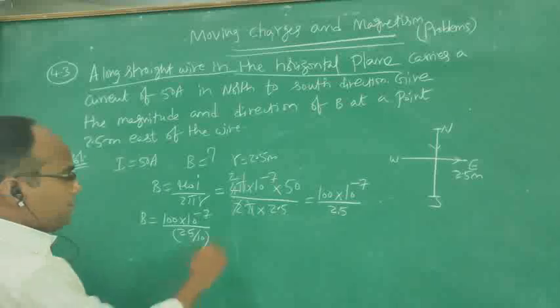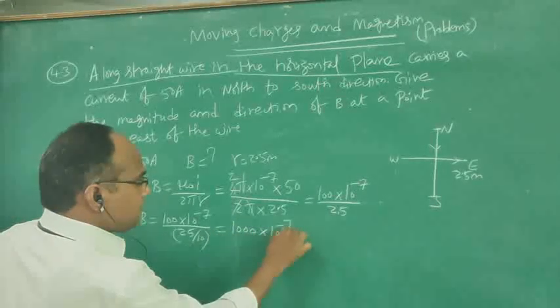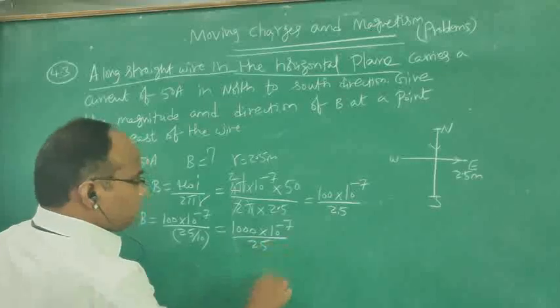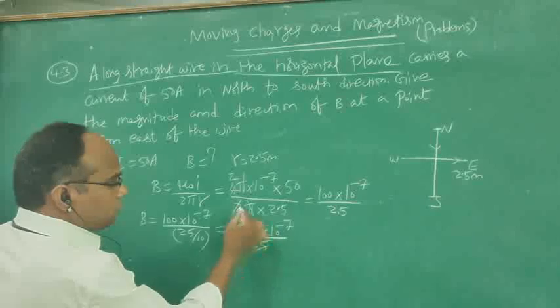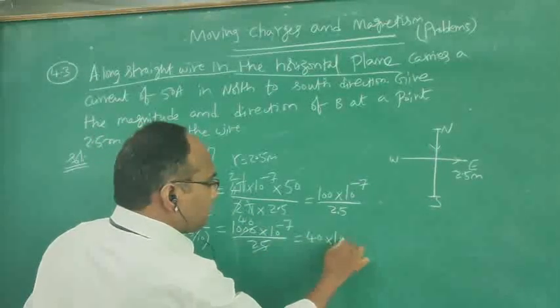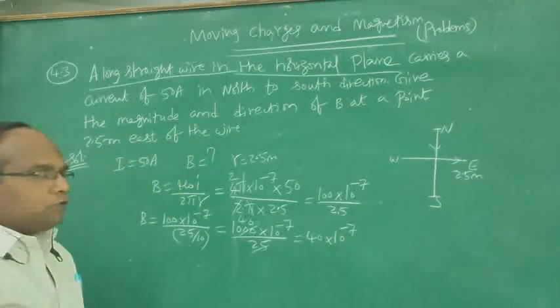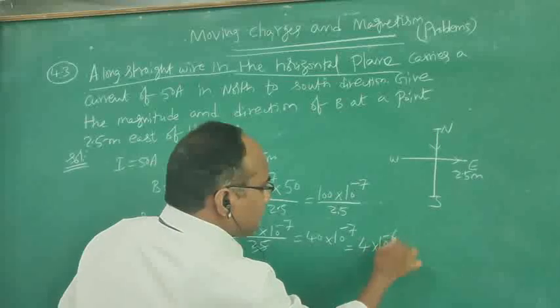If this 10 comes up, the value is 1000 into 10 to the power of minus 7 divided by 25. 25 fours are 100, so this is 40 into 10 to the power of minus 7. We can write this value as 4 into 10 to the power of minus 6.